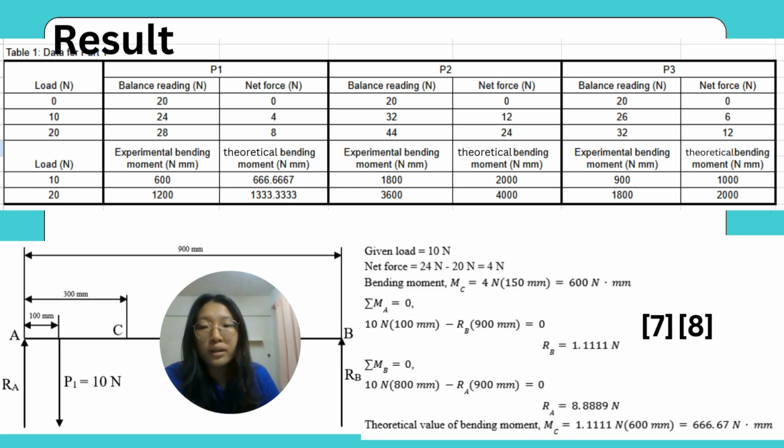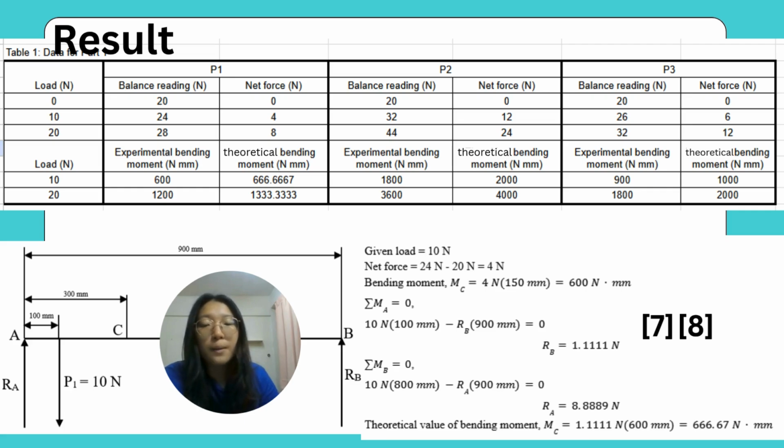So for P1, the experimental bending moment for the load 10, we calculate by using the formula moment is equal to force times the distance. So for this case, the distance, which is the arm length and is fixed, is 150 millimeters. And so the bending moment at C, we can calculate by using 4 Newton times the 150 millimeters to get 600 Newton millimeter.